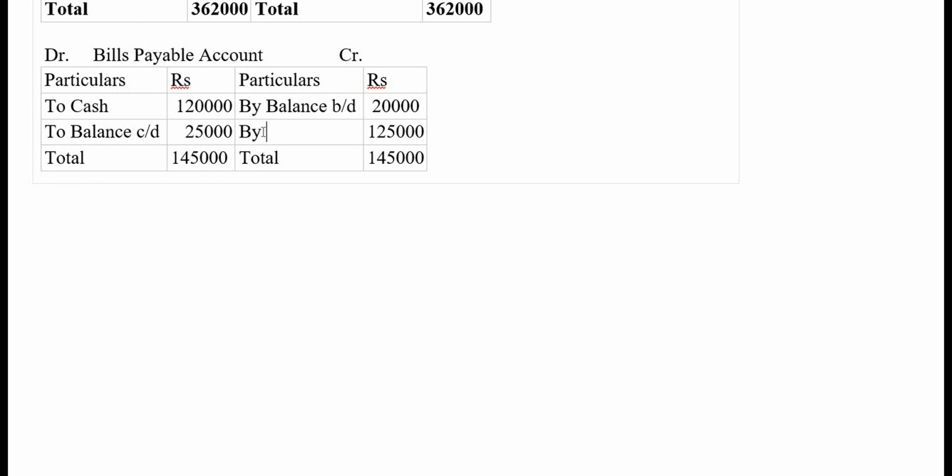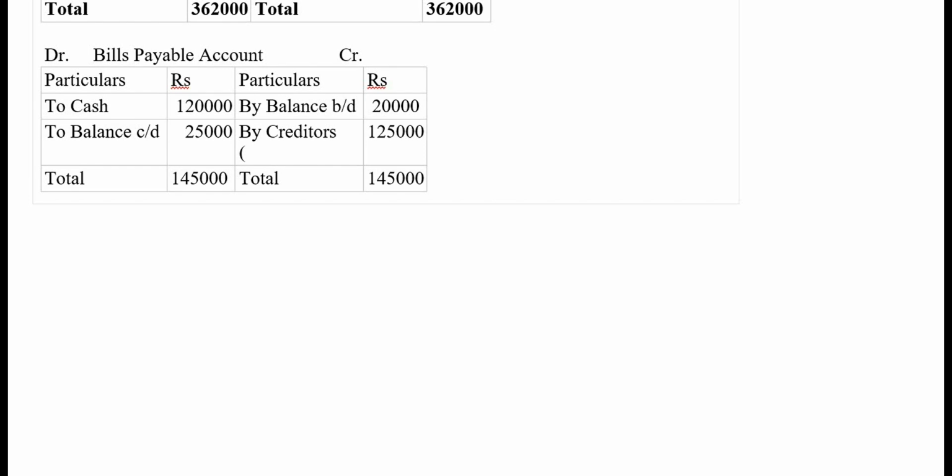When bills are issued to the creditors, the entry will be creditors account debit to bills payable. So here it is the balancing figure. Let me make this amount bold so that it can be distinctively seen.